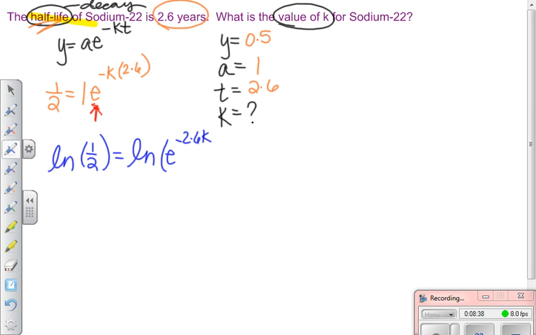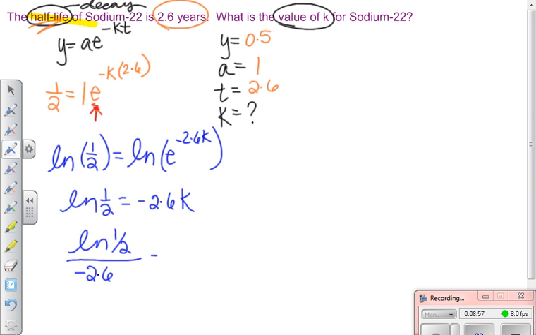And I can reorder that variable just to make life a little easier. The natural log of e is going to cancel, so I have the natural log of 1/2 is equal to negative 2.6k. If I divide both sides by negative 2.6, the natural log of 1/2 divided by negative 2.6 is k.